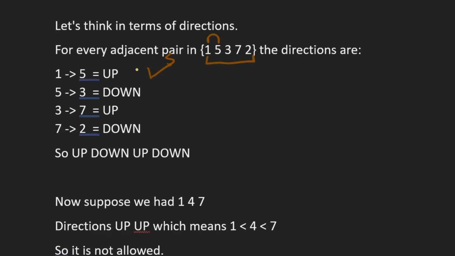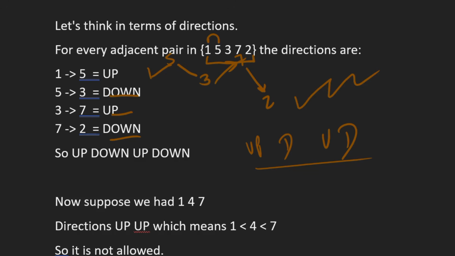Then we see 5 and 3, so we are going in the downward direction. Then from 3 to 7, that is the upward direction. Then from 7 to 2, that is again downward. So the directions between the adjacent pairs are up, down, up, down, right?